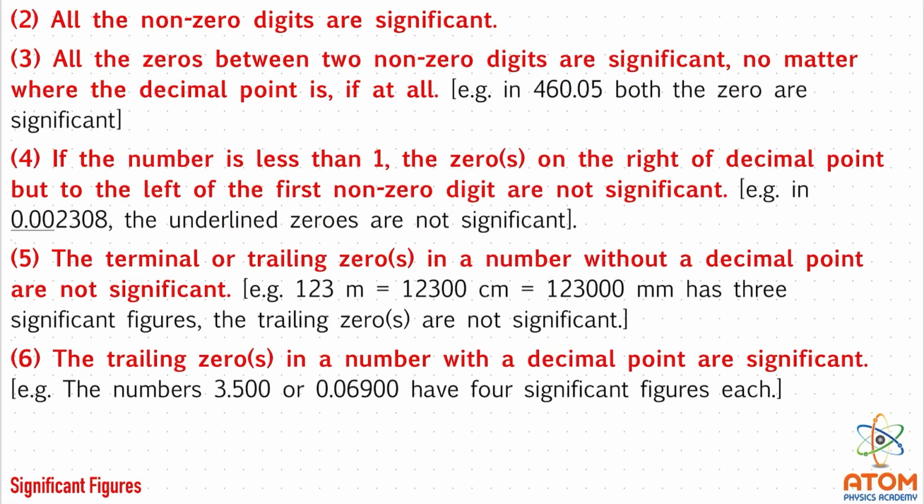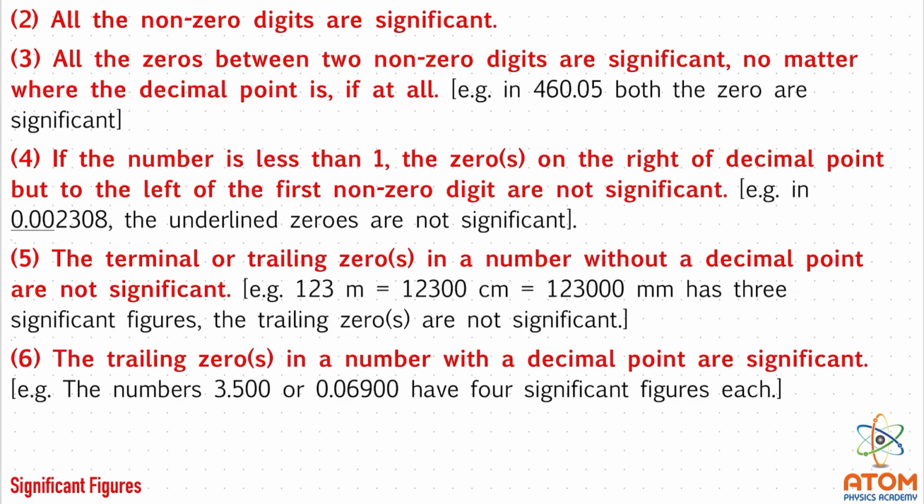See, all the non-zero digits are significant. Any non-zero is significant. All the zeros between two non-zero digits are significant, no matter where the decimal point is, if it is there at all.